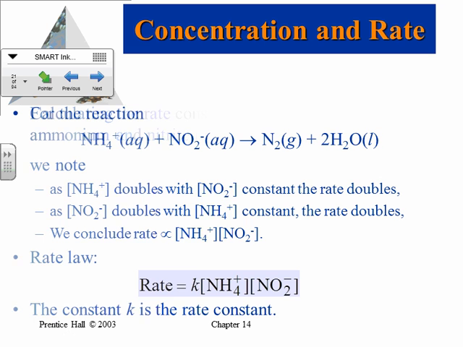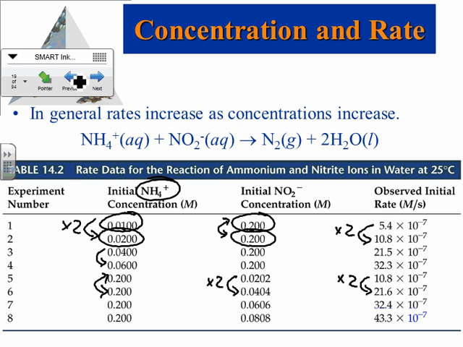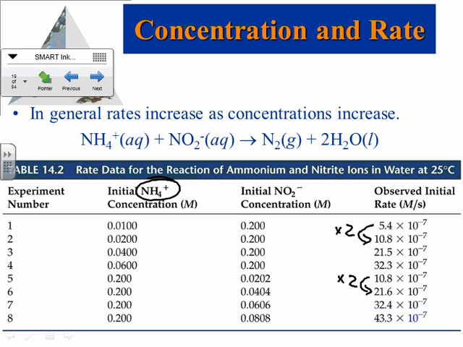If we look back at this data, you can pick any experiment that you want to figure this out, because they should all give you the same k, because k is a constant. That shouldn't change throughout the course of the experiments. So let's just use experiment 1. It doesn't really matter. You can use any of these, and like I said, they should give you the same k.